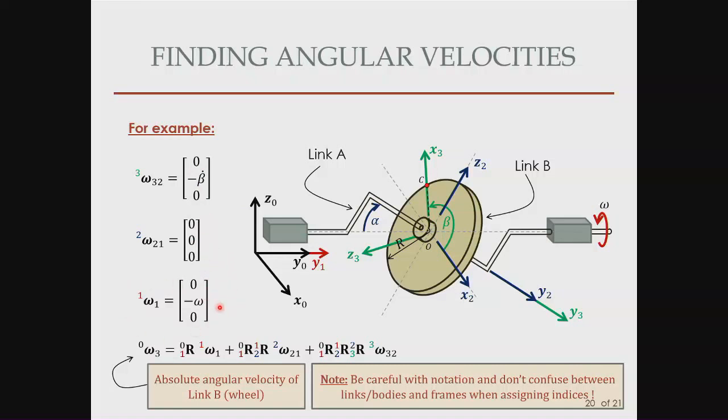So 1 relative to 0, can you see why it's negative omega in the y0 direction? So this rotation here, you see that there is a bit of red in here, which means you go like this. So the rotation is about the negative y0 direction. So minus omega. Any questions?